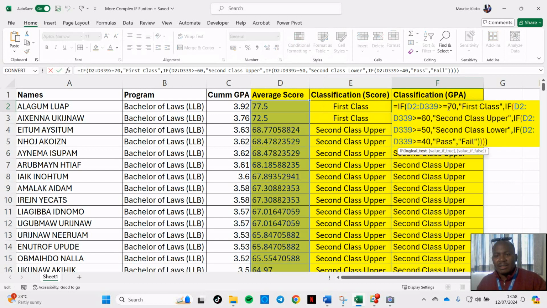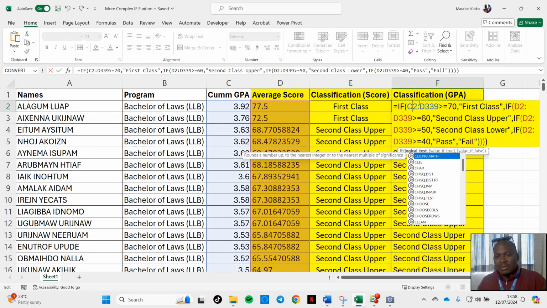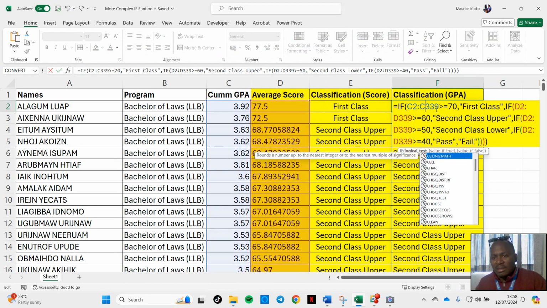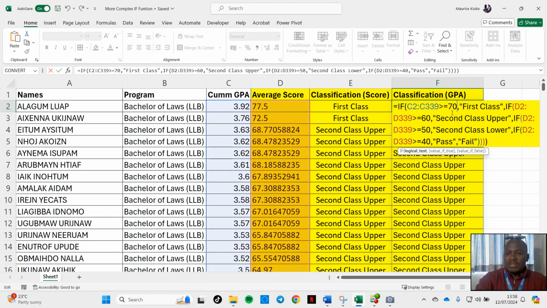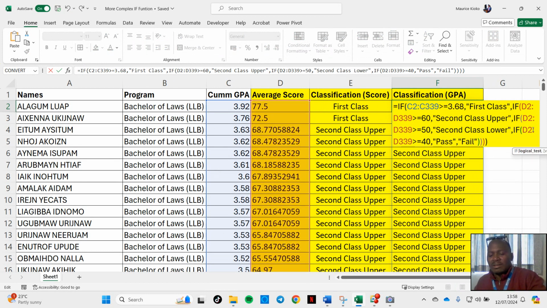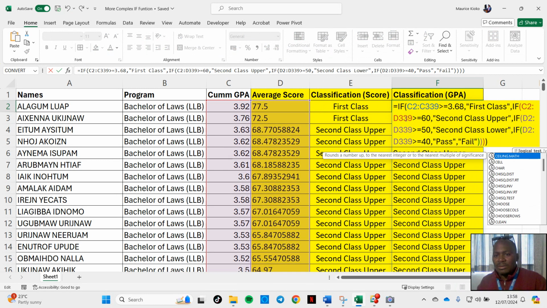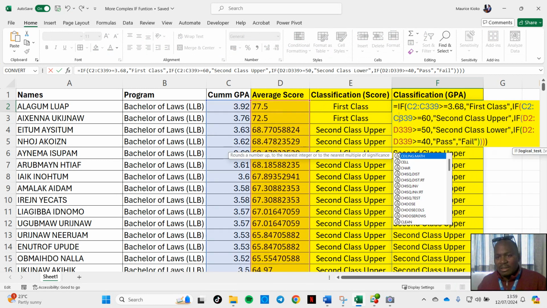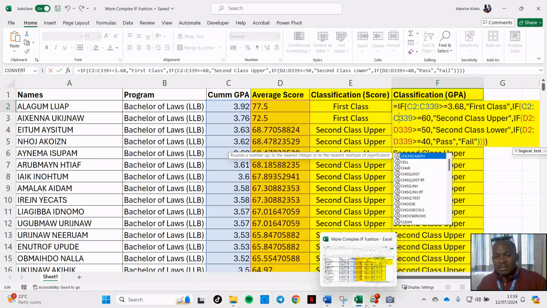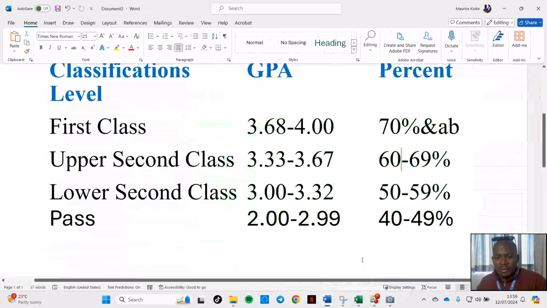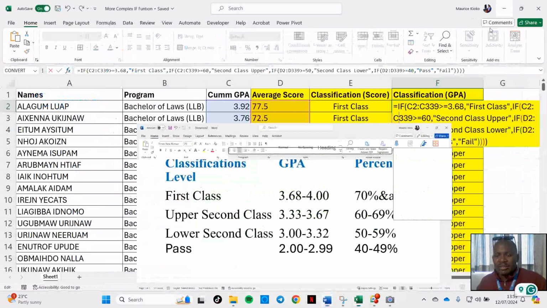Paste it there. But this time we say C2 to C, and then here we don't use that, we use GPA, which is 3.68. Again here C2 to C, and this is 3.33. I'm not sure, let me confirm. 3.33.